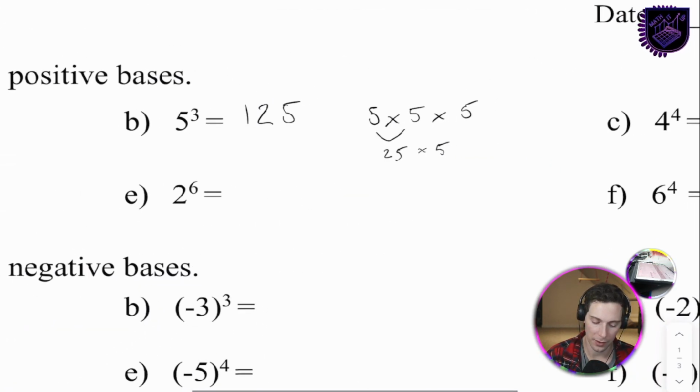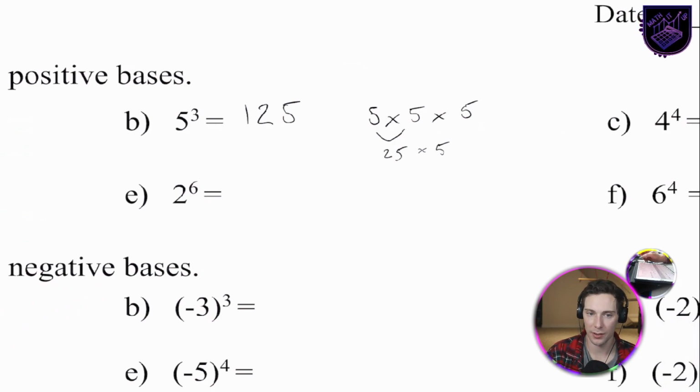2 to the power of 6. Now, this one's a smaller number, so it's not as hard. Let's write this one out. Let's do the math here. So 2, 2, 2, 2, 2, 2. Let's use our dots.